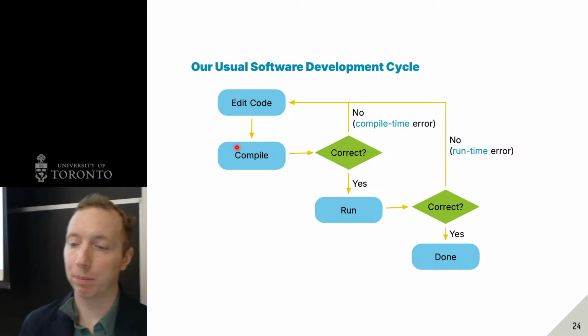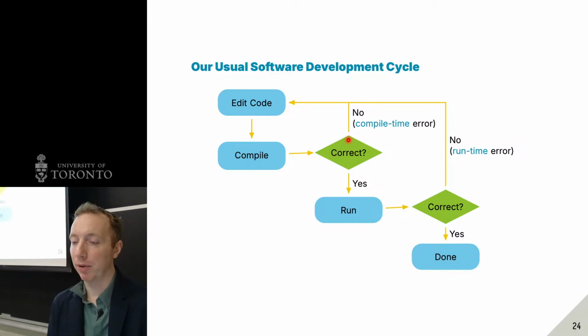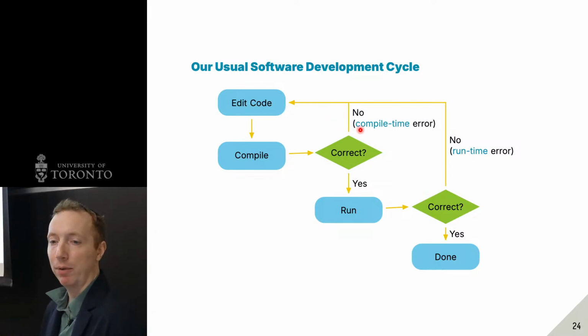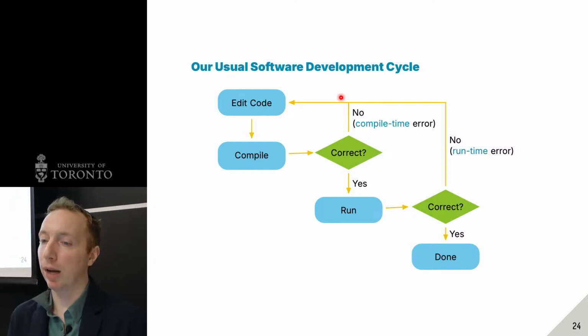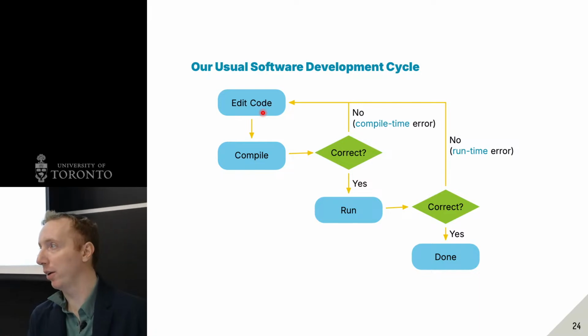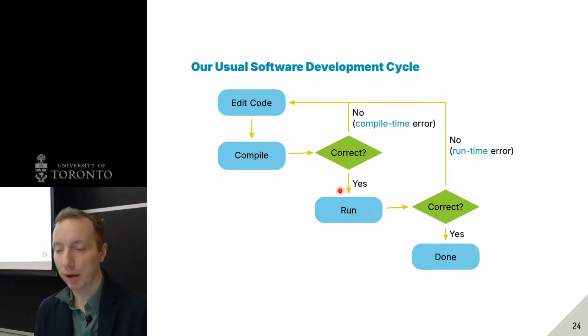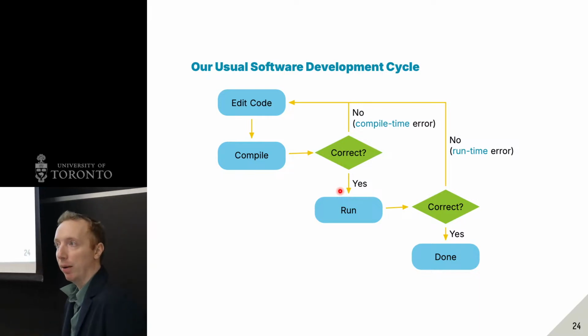If we cannot compile it and the compiler says no, it gives us something called a compile time error. There's some error whenever we try to compile a program, and it will give us an error that we will have to fix. We'll go back to edit our code to try and fix that error, and then compile it again. And if we haven't screwed up, it should now correctly compile. Now we have our executable that we can run.